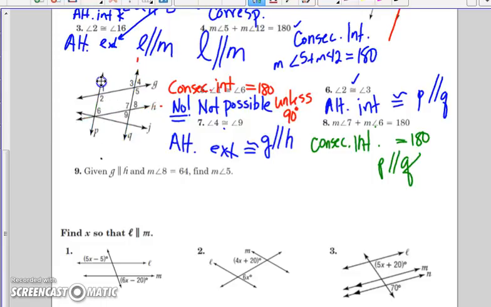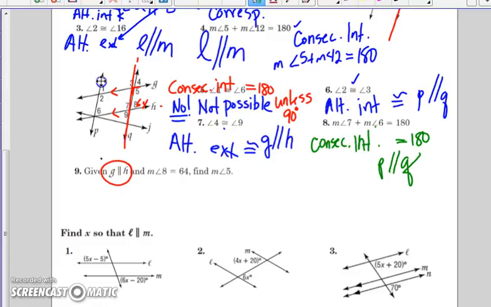And in the next section it says, given that G is parallel to H, so it's telling you to assume that, and that the measure of angle 8 is 64. Find the measure of angle 5 right here. So the one line that touches 5 and 8 is this one.